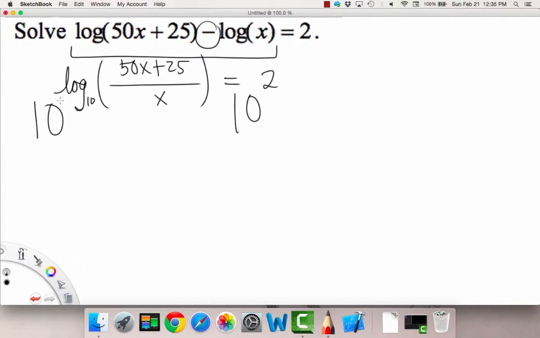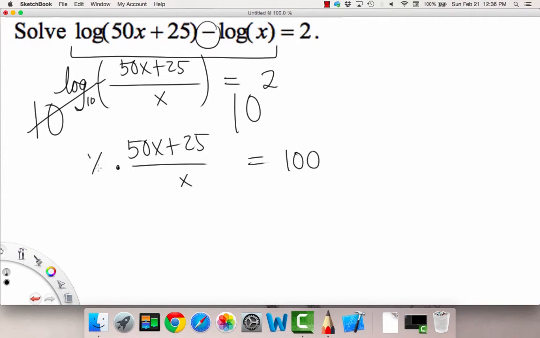Okay, so then in doing that, these cancel out, which is what we want, and on the right side we just have 10 squared, which is 100. So the right side equals 100, and then the left side is just 50x plus 25 over x. Now all we have to do is solve for x, so we'll multiply by x on both sides, so they'll cancel out on the left side, and we get 50x plus 25 is equal to 100x.